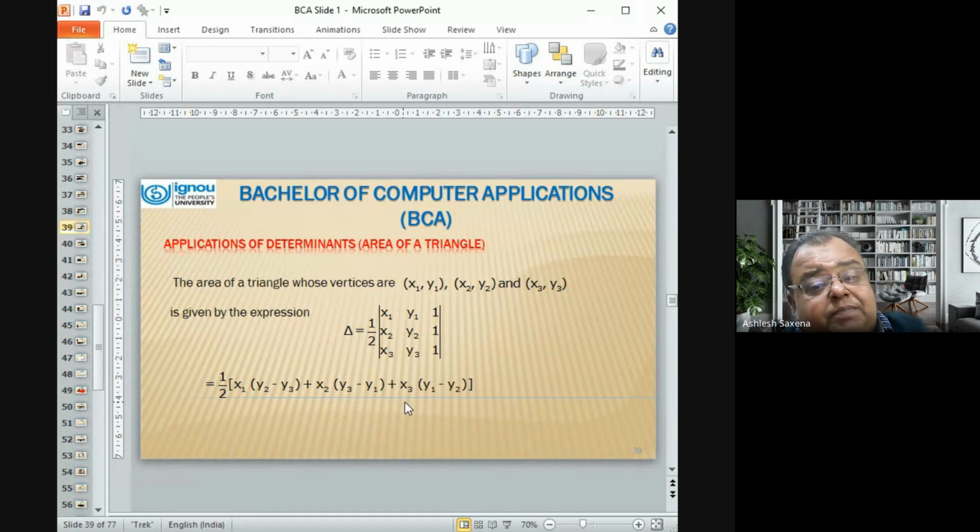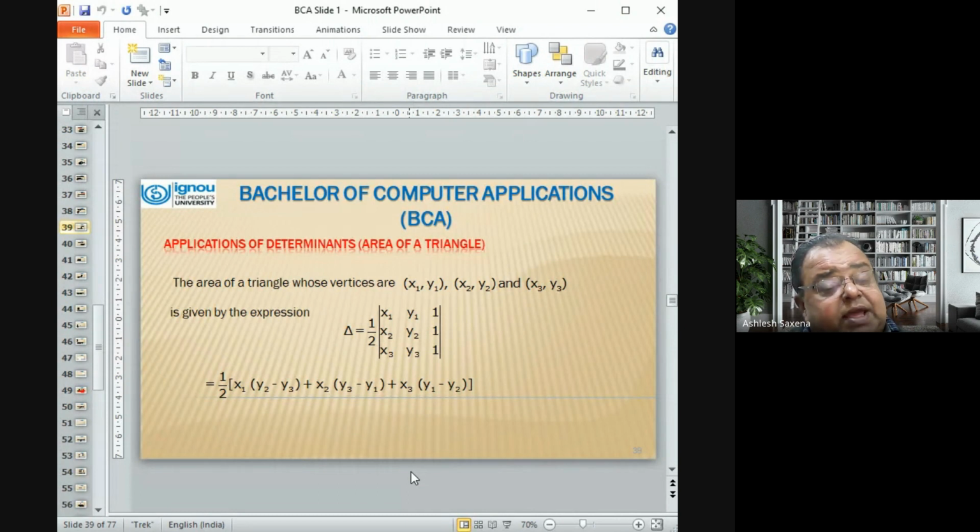And then plus x3 into y1 minus y2. There is one condition. If I say these 3 points are collinear, collinear means all these 3 points lie on a straight line.